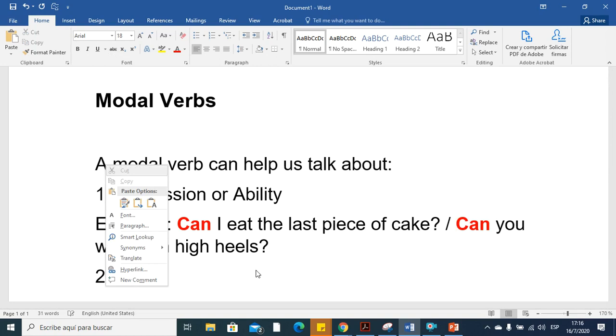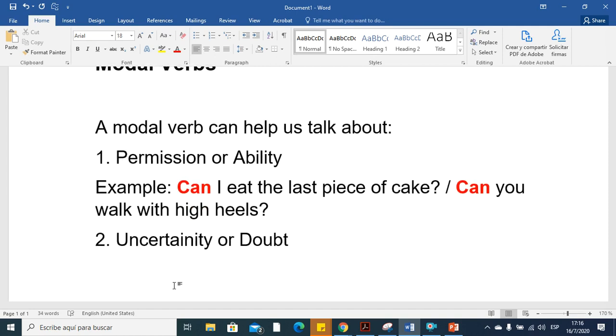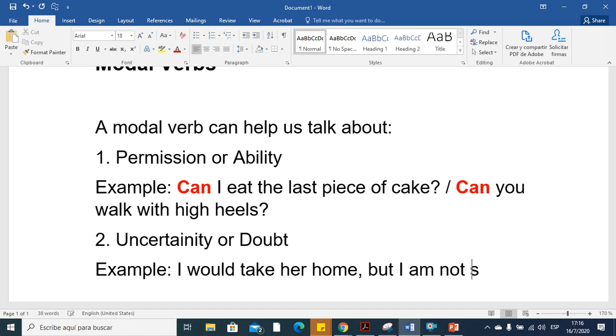Number two, a modal verb can also help us to talk about uncertainty or doubt. For example, we can say, I would take her home, but I am not sure if she wants.